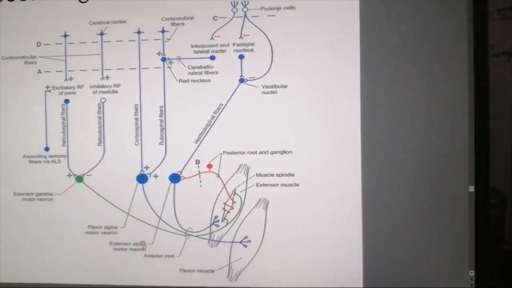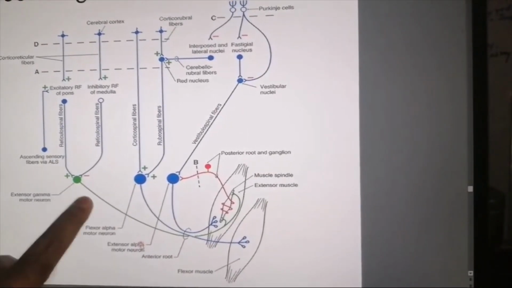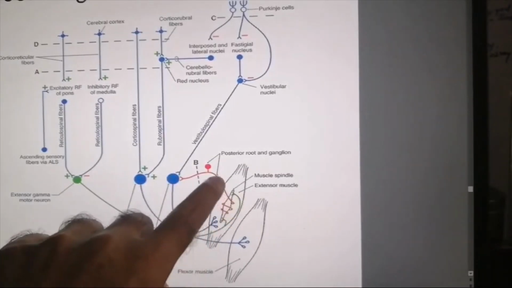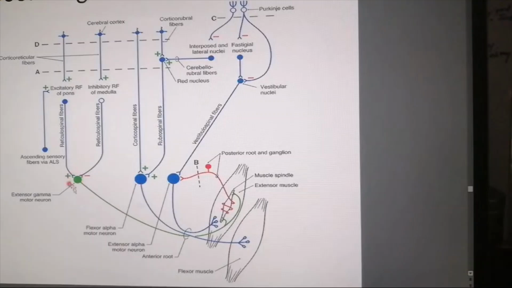I'll walk you through it. If you can just see the tracts going in and out and the color scheme. This is green. This is blue. This is red. Yeah? You see the main things. This he has shown, as I mentioned, a gamma motor neuron. Okay? The gamma motor neuron comes here and goes into your extensor muscle and innervates the tapering end of the muscle spindle.